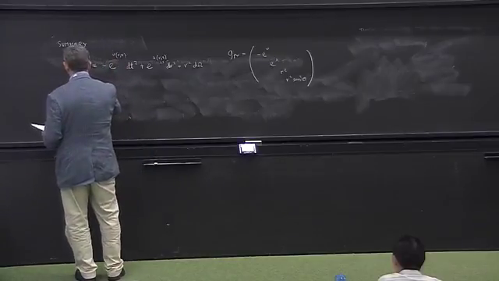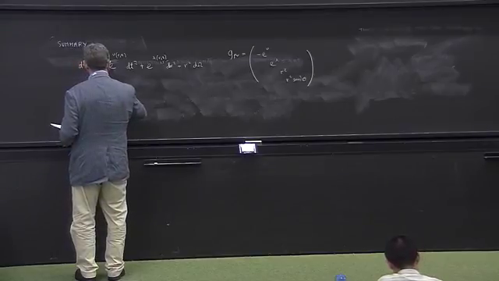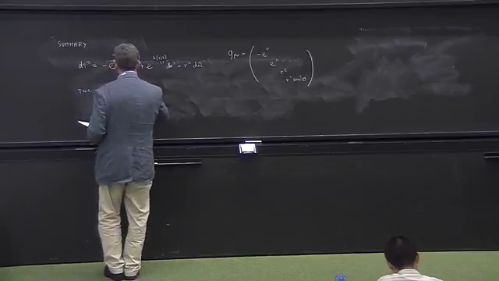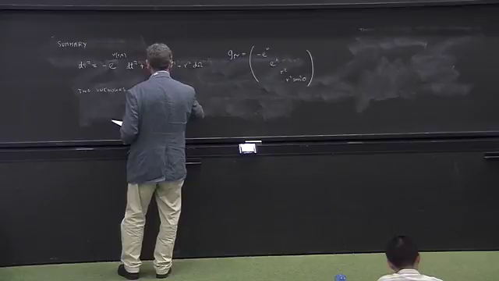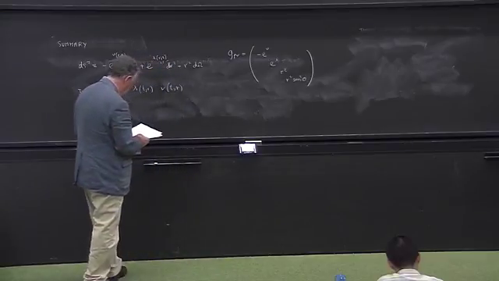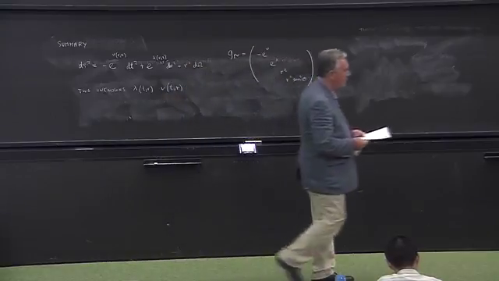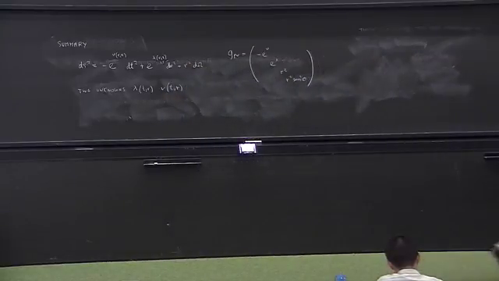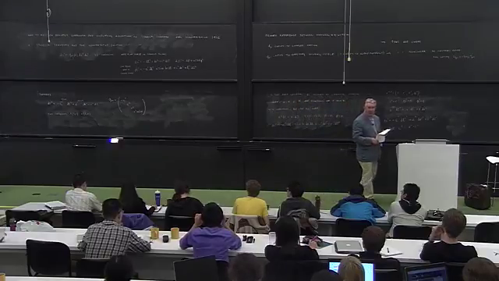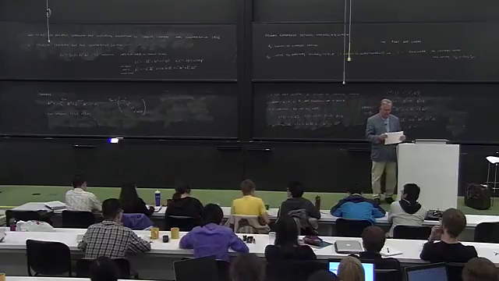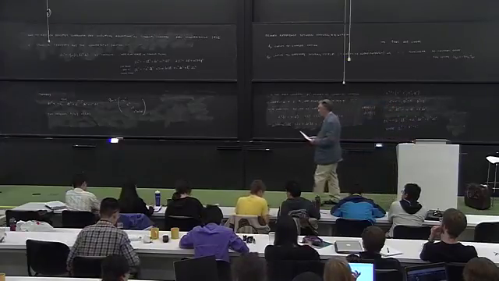So, two unknowns: lambda of t and r, nu of t and r. So that was just kinematics, if you like. The dynamics is now obtained by plugging that into Einstein's equations and trying to solve the resulting partial differential equations.